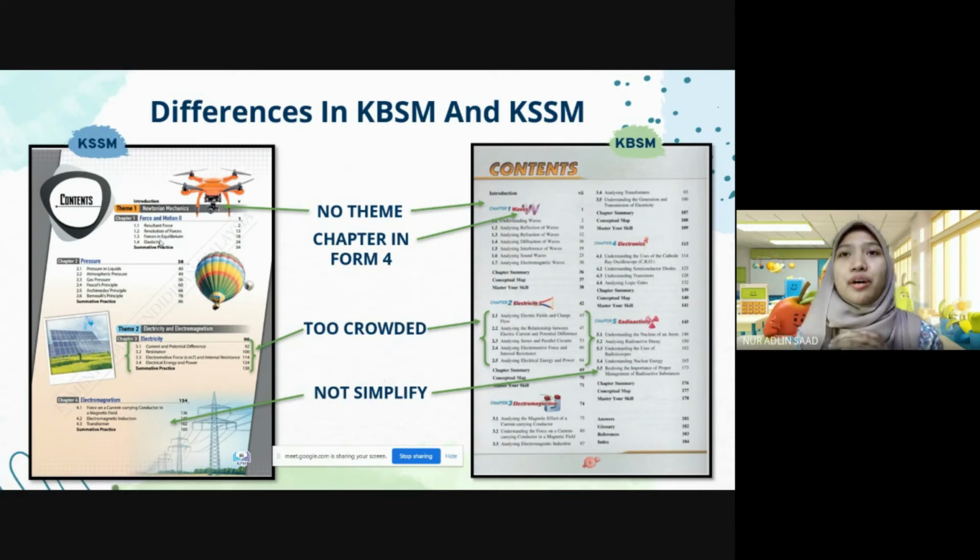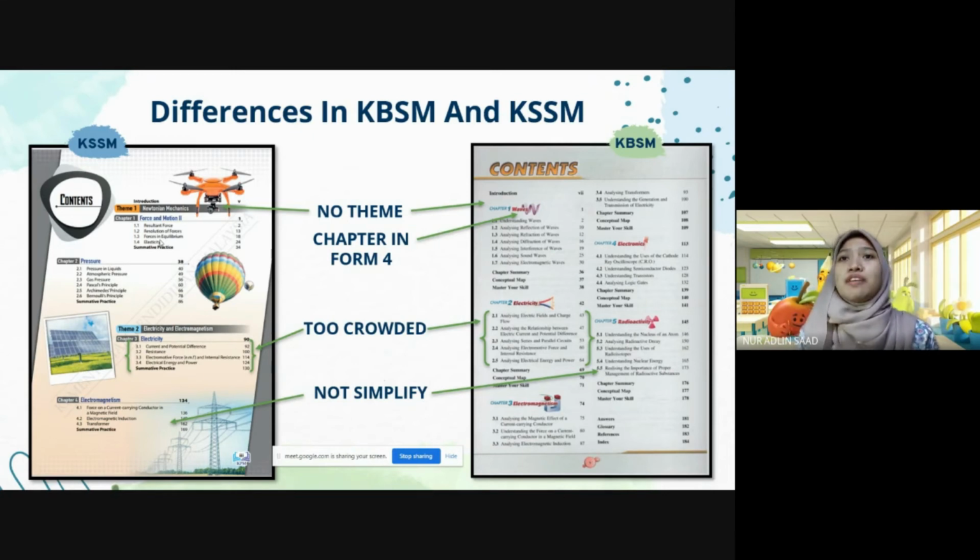What I mean by crowded is the subtopics of every chapter are too crowded for students to understand. For example, chapter 3, electricity for KSSM. 3.1, current and potential difference. So students can easily understand that they are going to learn about current and potential difference.